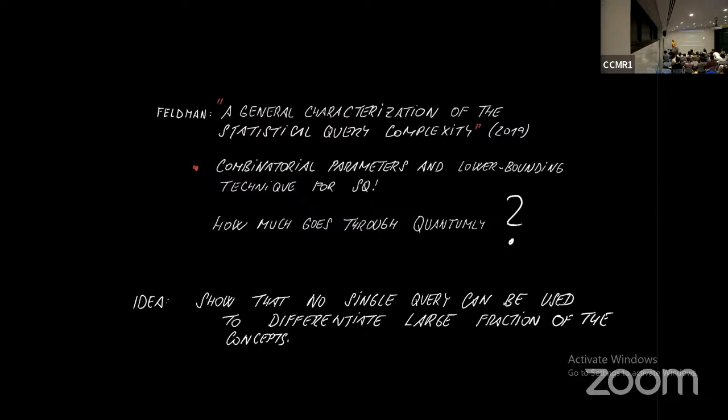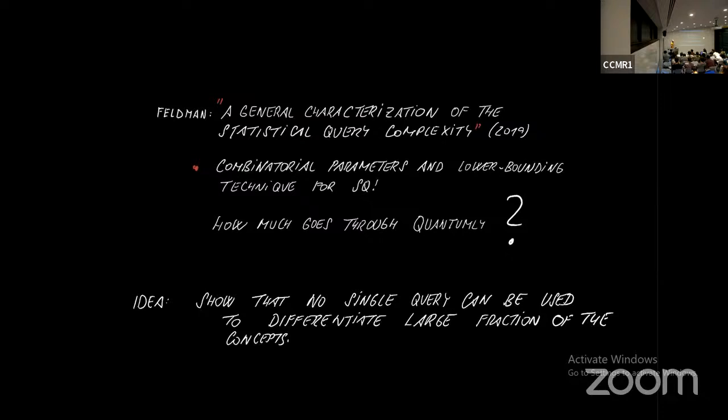In those papers, he is deriving combinatorial parameters that can be used to lower bound the statistical query complexity. And so here you may wonder how much of this goes through quantumly, and if you can use these techniques to find the task that separates the two learning models that I introduced on the previous slide.